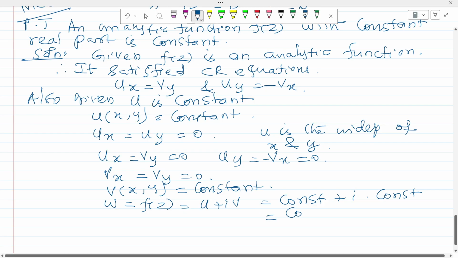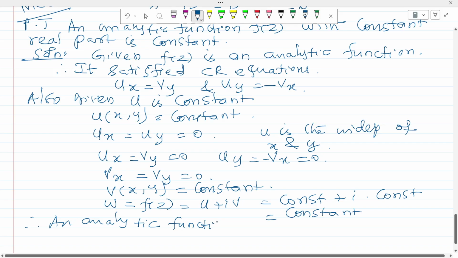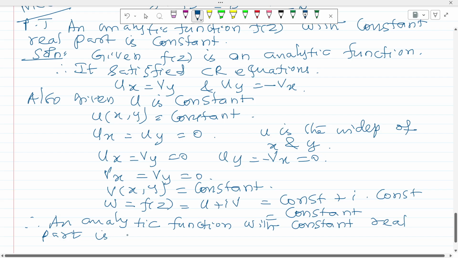Therefore, fully it is constant. Therefore, an analytic function with the constant real part is constant.